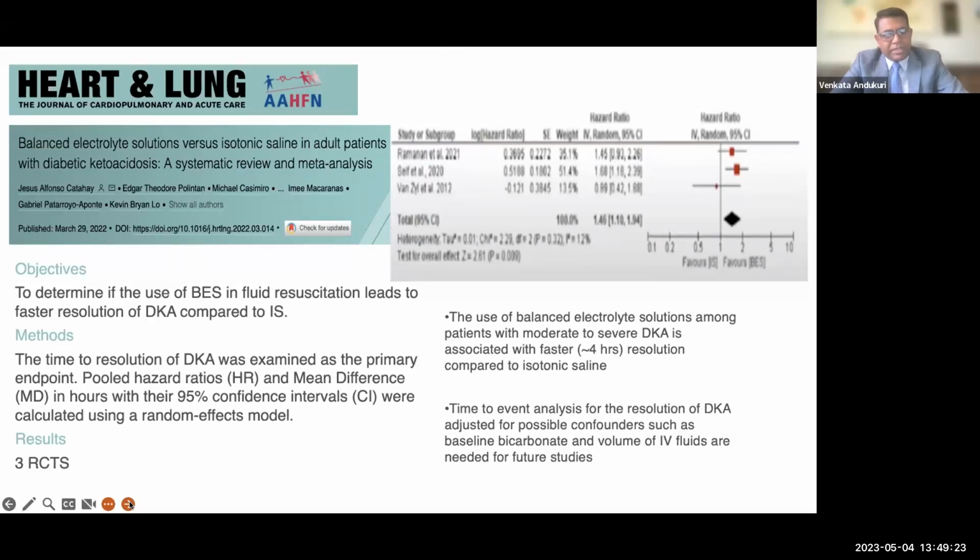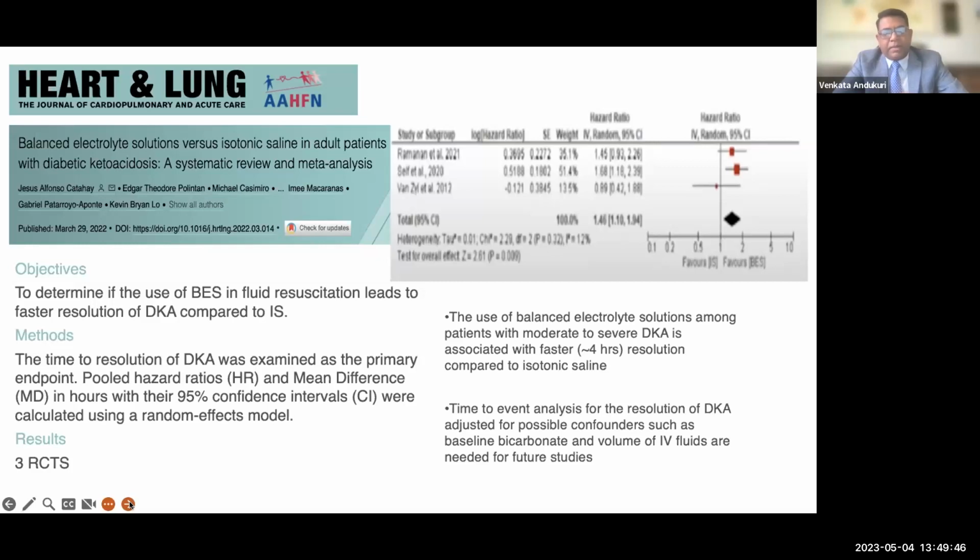Just another study I wanted to bring to your attention. This is about DKA and how we treat DKA: balanced electrolyte solutions versus isotonic saline in adult patients with diabetic ketoacidosis, a systematic review and meta-analysis. In this systematic review, they chose just three RCTs, so it is not that big of a study.